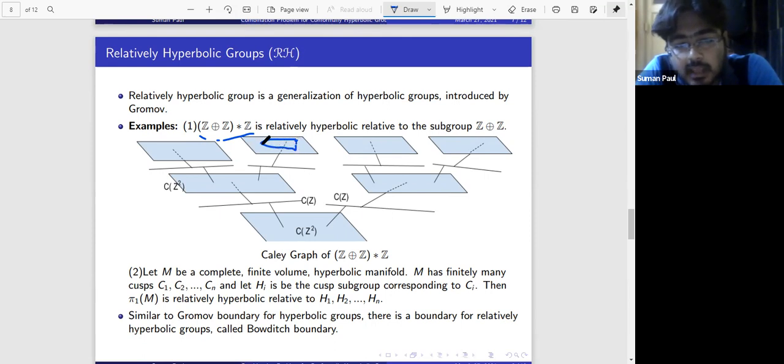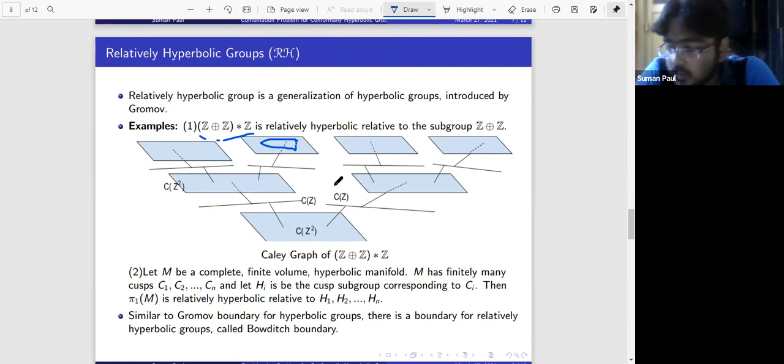As it lies in the plane, it can get very fat, and that's why it will not be a hyperbolic group. The triangle will not be uniformly slim. But after some construction, we can make this Cayley graph hyperbolic.